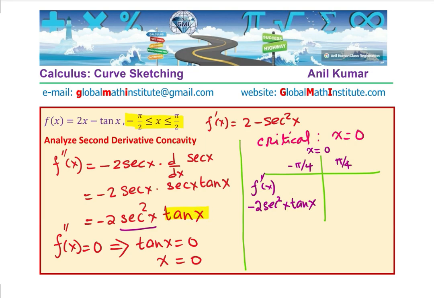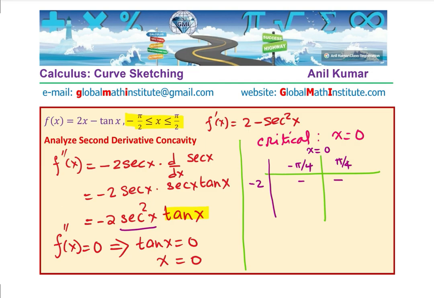In that case, tan x will be negative, and this negative will make it positive, right? So in this portion, let's rewrite these terms like this, right? So we have three factors, right?